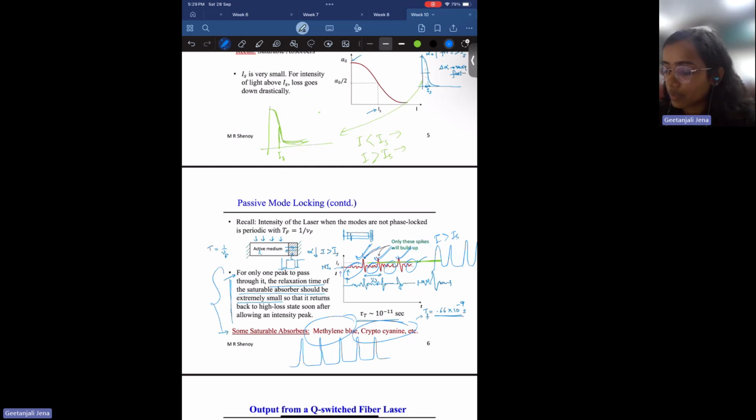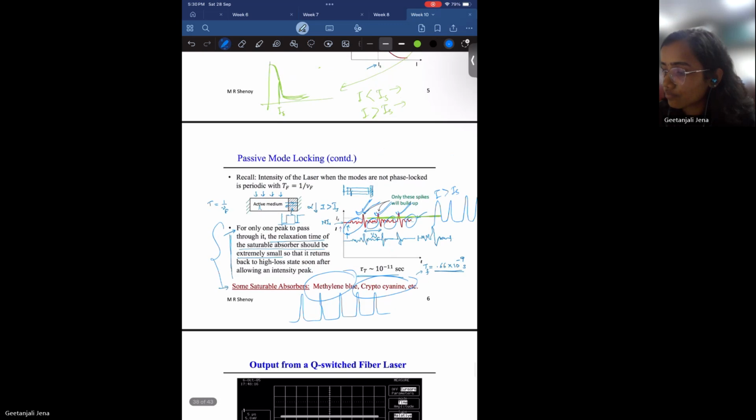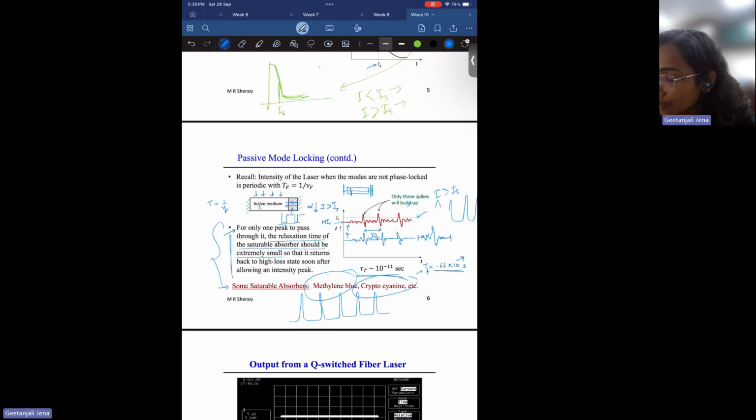And for this to happen, the relaxation time of the saturable absorber should be extremely small. So if you see, when the intensity is going from high to low, for this low case the loss in the absorber should be high so that it will be filtered out.